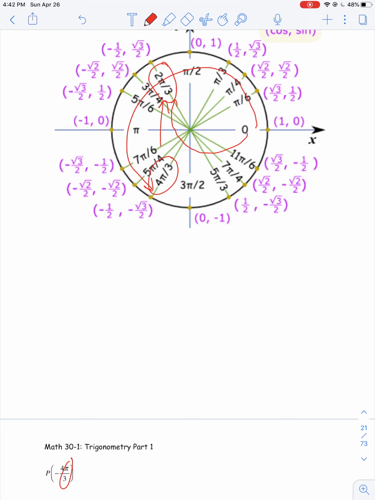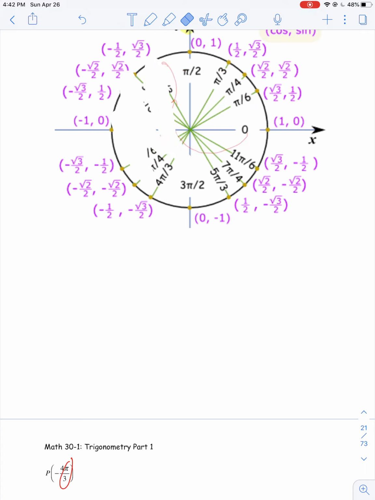Because normally we go counterclockwise and end up at 4 pi over 3, but since we're going the same distance but in the opposite direction, we need to go this way. One full rotation, which is then pi, and then an extra pi over 3, which takes you there.